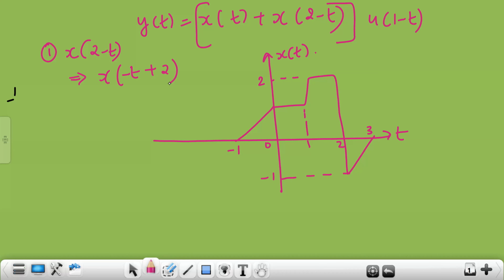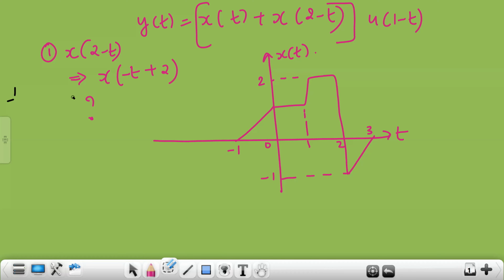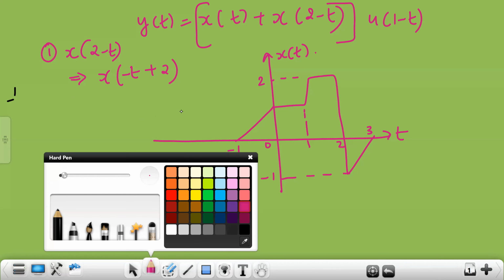So which thing do you need to do first? You will have a time reversal operation and a time shifting operation. Check the precedence rule. In this you have two operations: one is time reversal and the second one is time shifting. Minus t corresponds to time reversal.